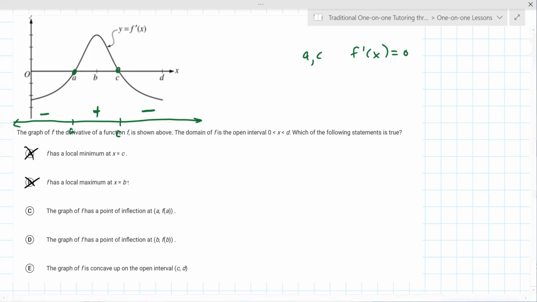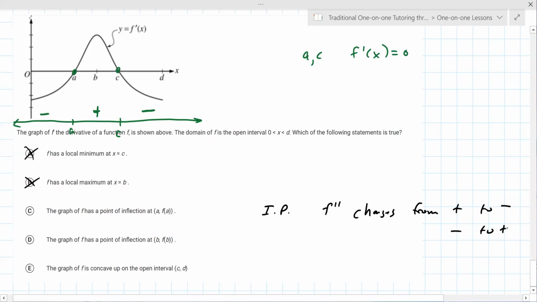The graph of f has an inflection point. So an inflection point occurs, is an inflection point like when the signs change? You have to look at the second derivative. It's when f double prime changes from positive to negative or negative to positive. How do you know the second derivative? They only give you a graph.